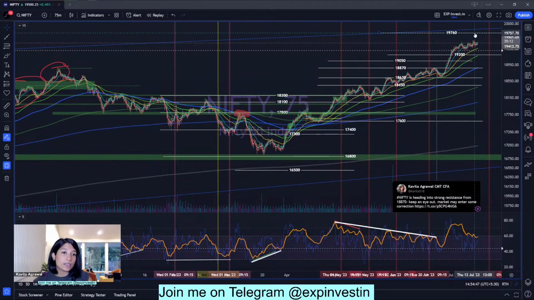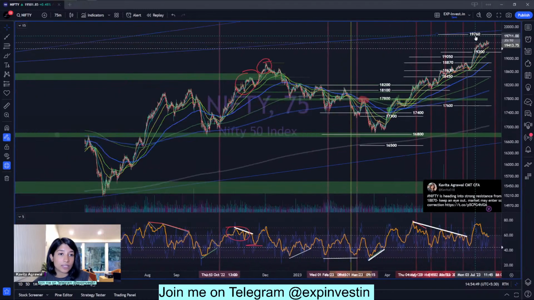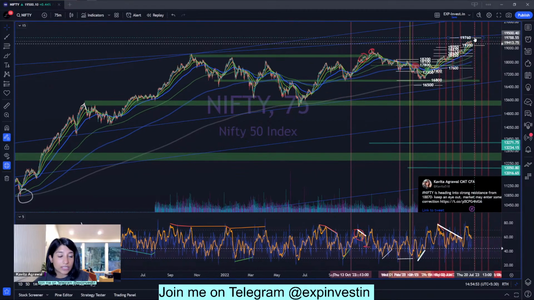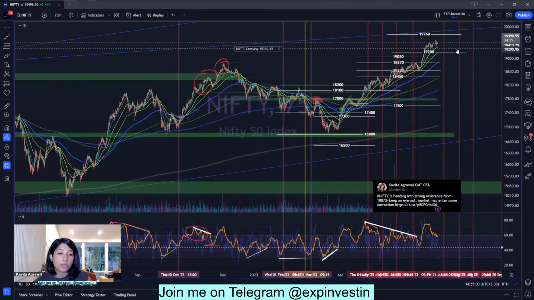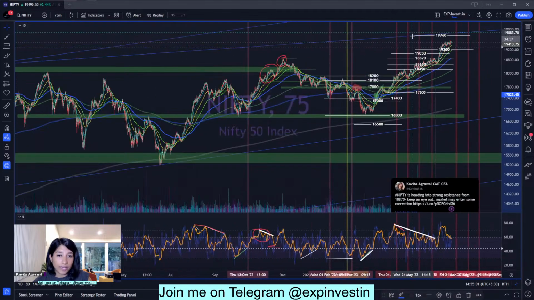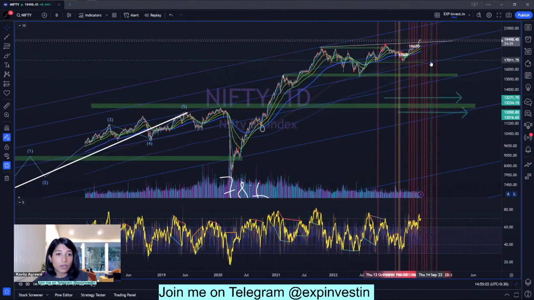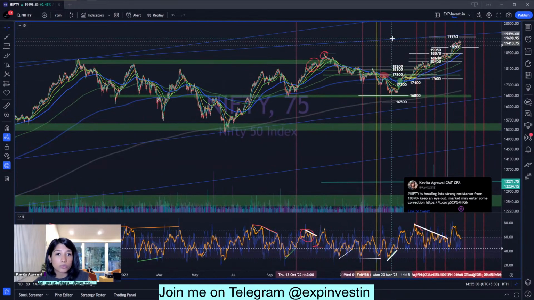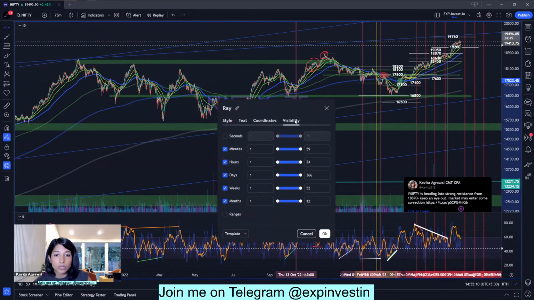So I see there is a resistance at the level of 19,760. Now this 19,760 resistance level coincides with the presence of a blue trend line, as you can see on the chart. Now this blue trend line, we've now moved to the daily time frame. Let me also make sure that this shows up on the daily time frame as well.